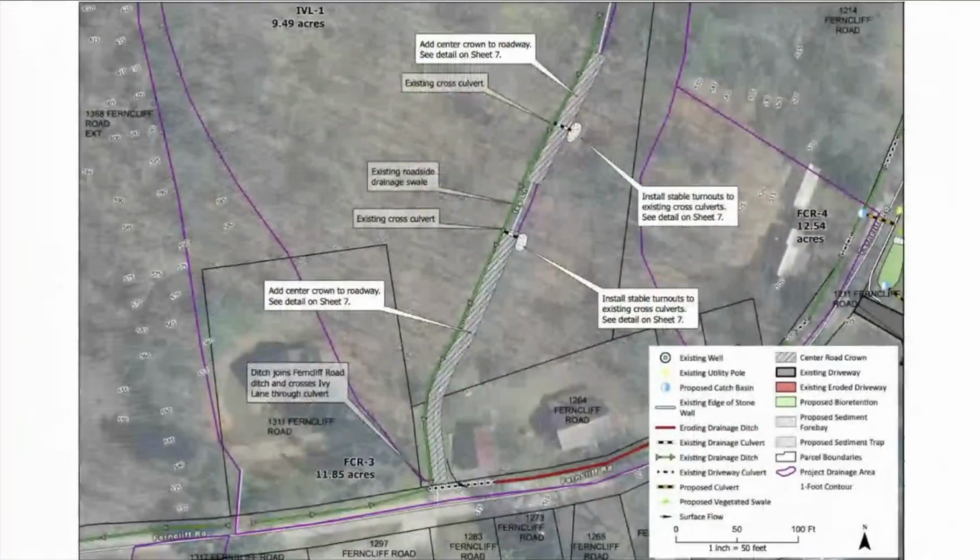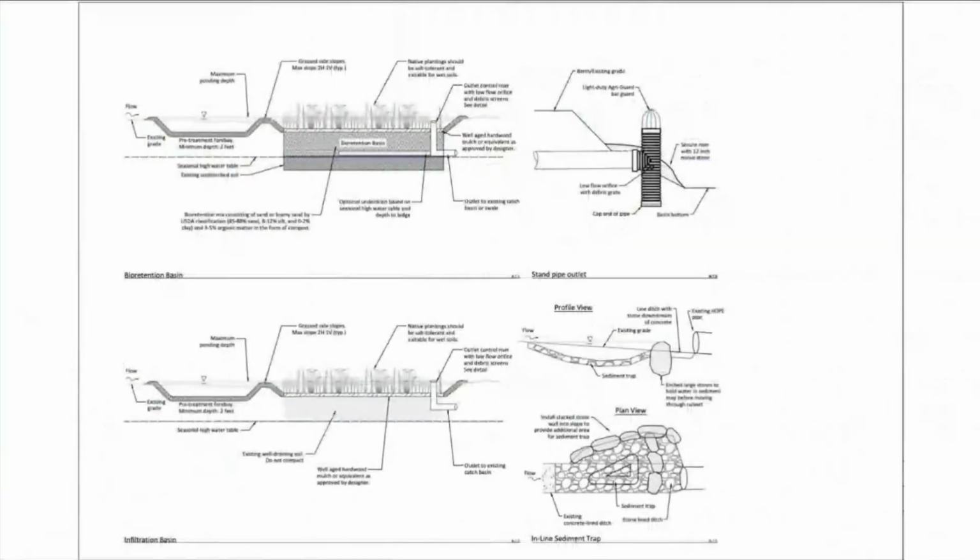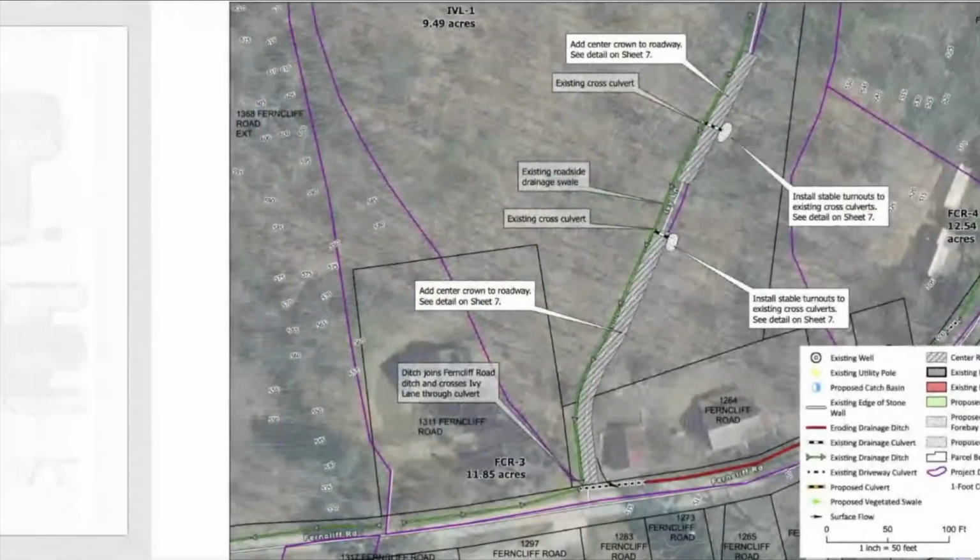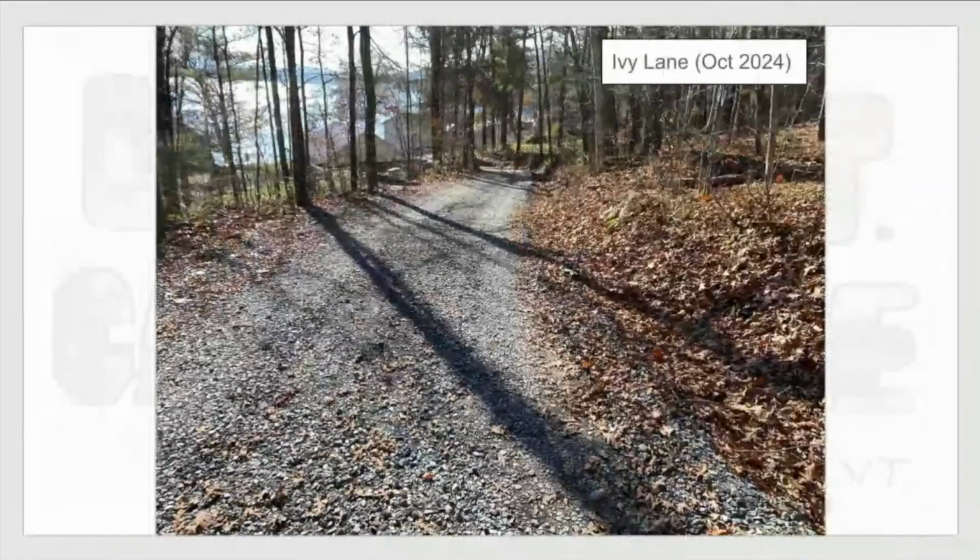And I'm just going to jump ahead. We have a bunch of details, like I mentioned, that illustrate what we're talking about here, if you want to dig into that more. Any questions on that one?